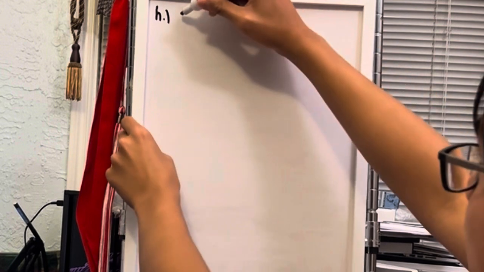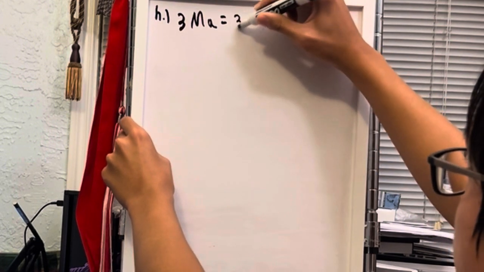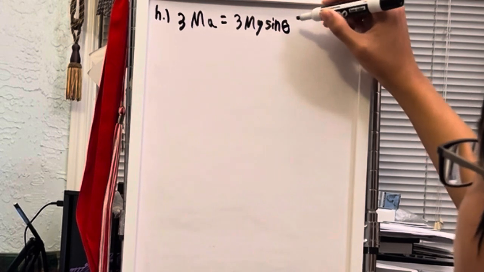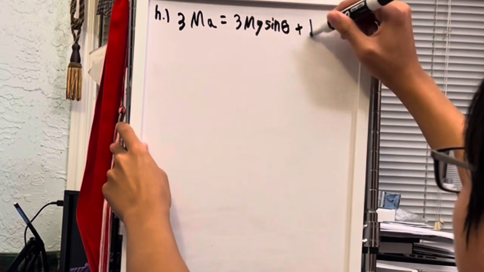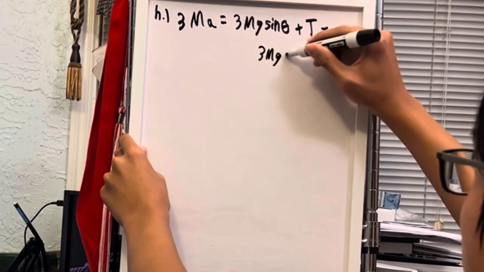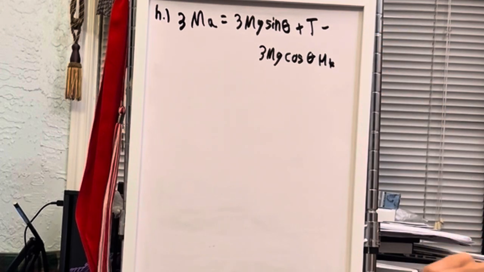So if I look at the block, I'm going to have the net force of the block, 3ma, equal to 3mg sine theta, plus tension pulling it forwards, minus the resistant force, which is going to be 3mg cos theta times mu k, right? And then I'm going to isolate for tension, because that's what I'm looking for.